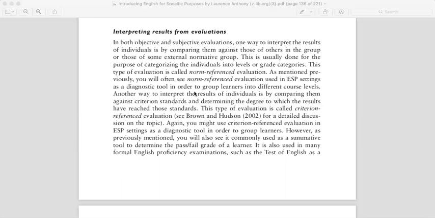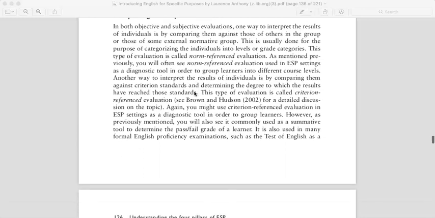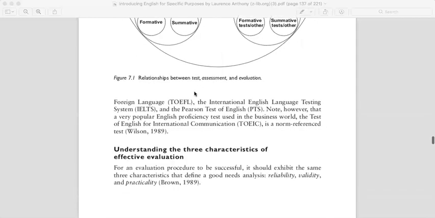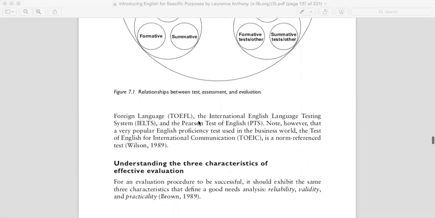This is what happens in international tests like IELTS, GRE, and TOEIC. You have to score a certain band. Whatever other classmates are doing, they would be checked with the same criterion, but their marks would not be compared with yours.